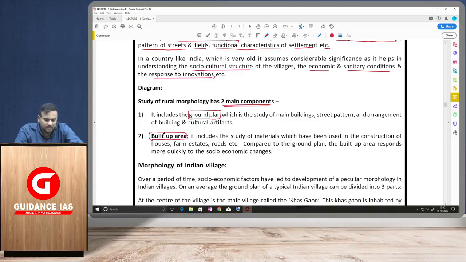It is something which is very slowly changing. It is the study of the main buildings, street patterns and arrangement of the buildings, cultural artifacts, along with the fields or agricultural fields, pasture lands, forests, etc.